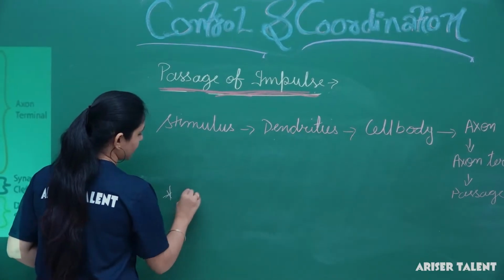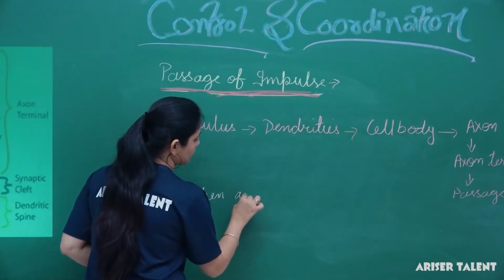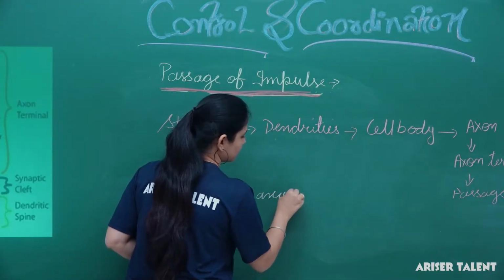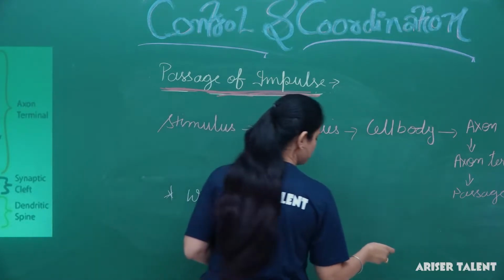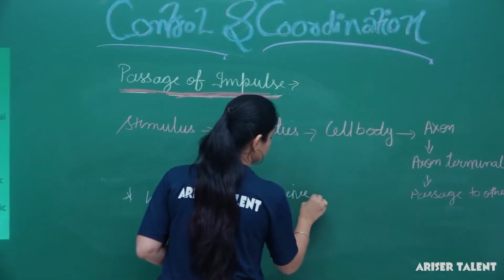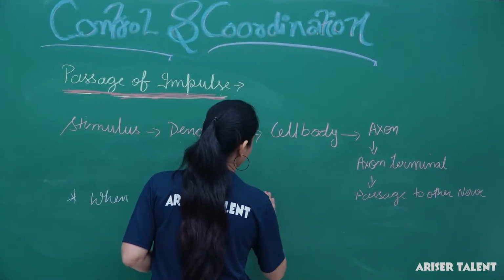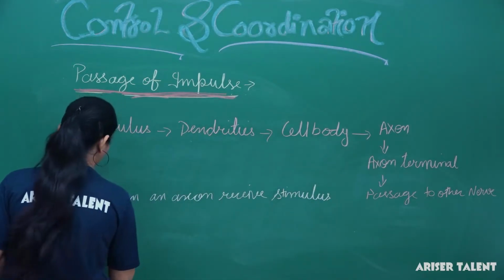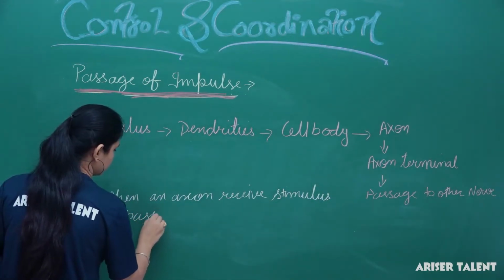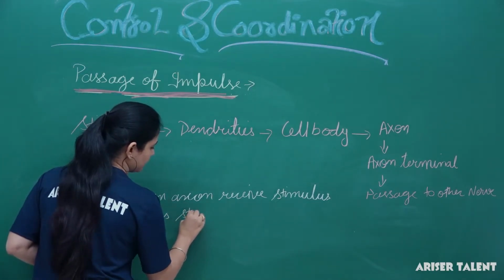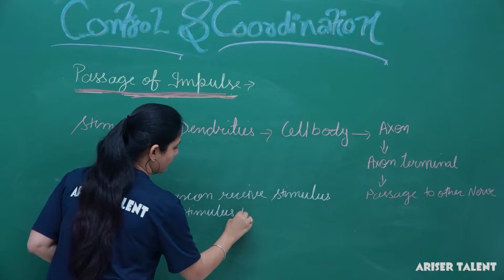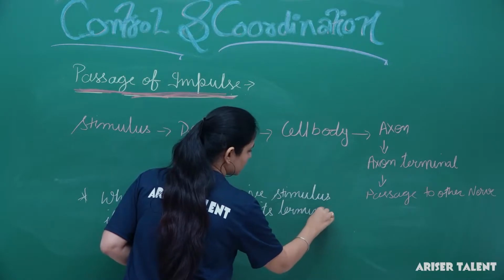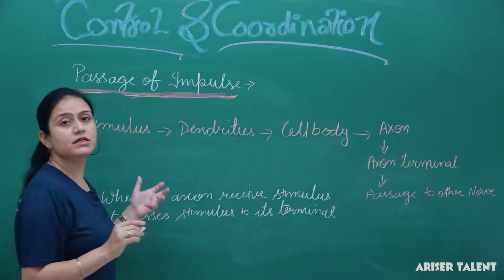Let me explain. When an axon receives stimulus, it passes it to its terminal.